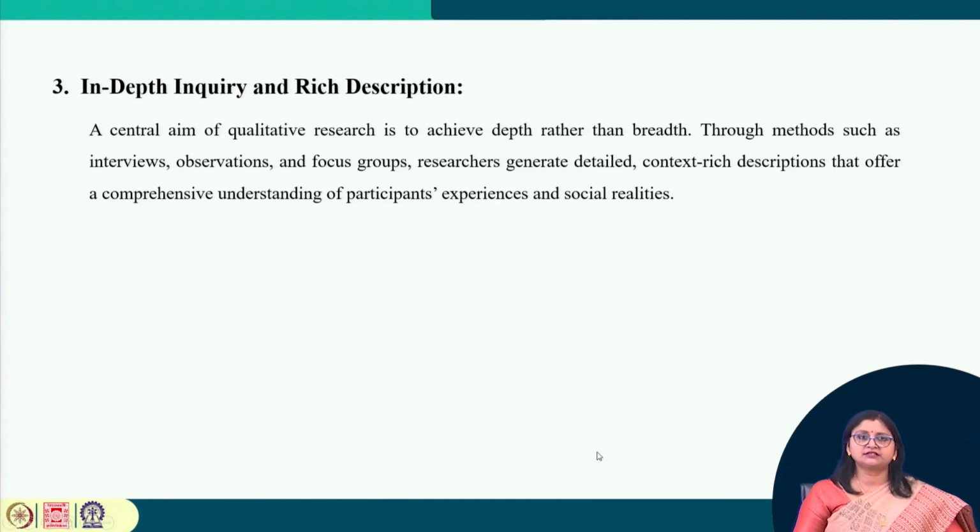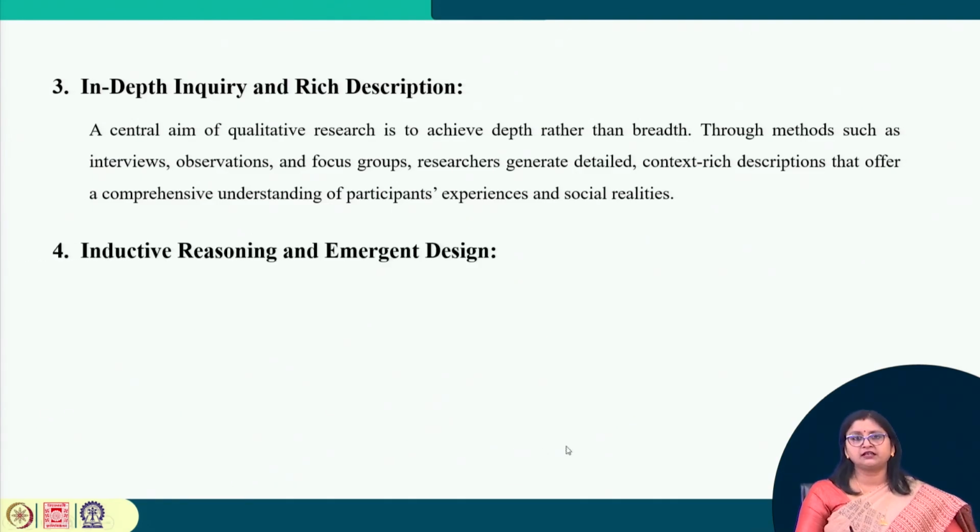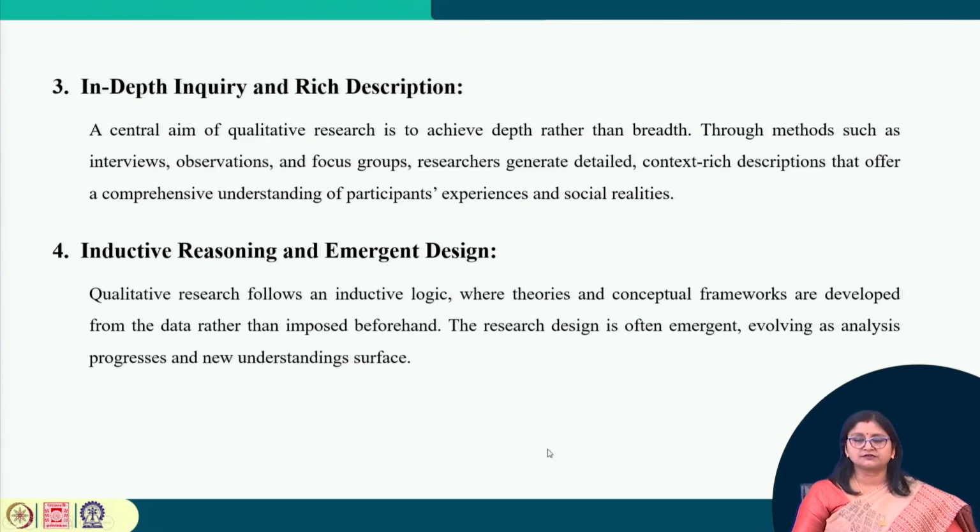The third characteristic is in-depth inquiry and rich descriptions. The central aim of qualitative research is to achieve depth rather than breadth. So, through methods such as interviews, observations and focus groups, researchers generate detailed, context-rich descriptions that offer a comprehensive understanding of participants' experiences and social reality at the time of conducting the research.